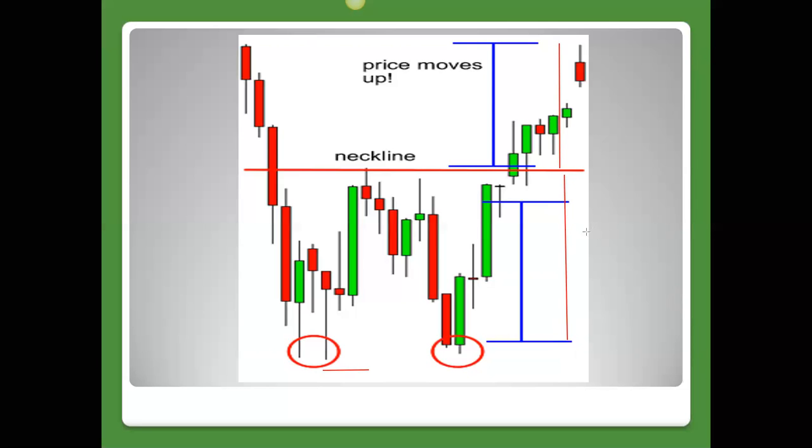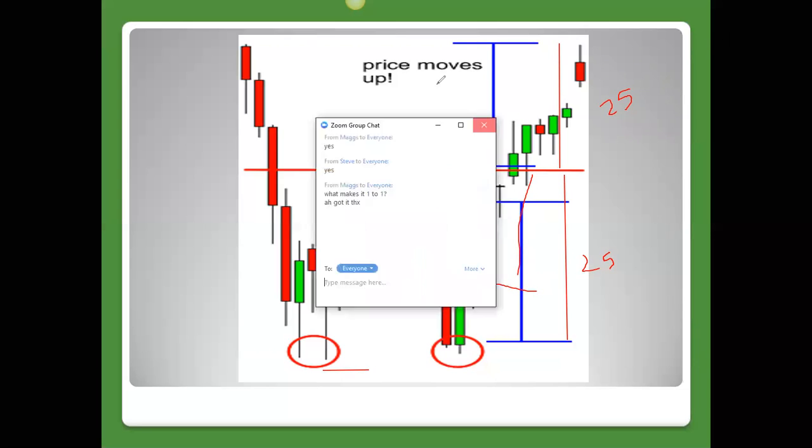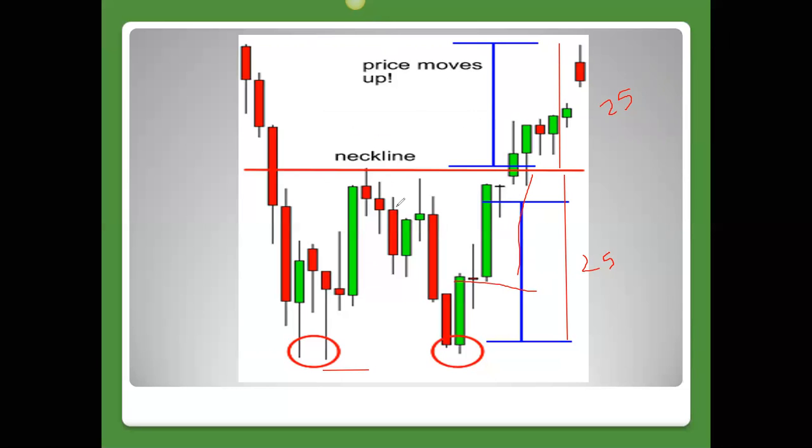So 25 pips is your risk, and then you have 25 pips of profit that you're looking for as well. So here, if your stop loss is 25 pips, you want to make sure you have 25 pips to the target as well. So this will be 1-to-1. And if you took an aggressive entry here, you will get additional pips in here. All right, let's move on.